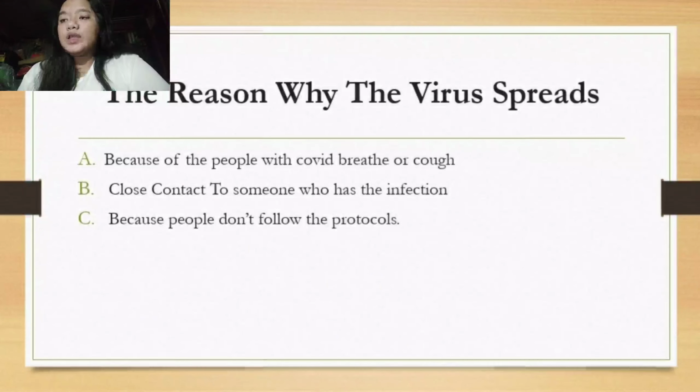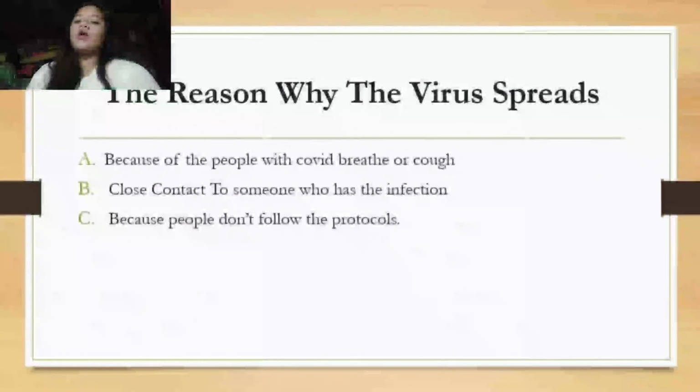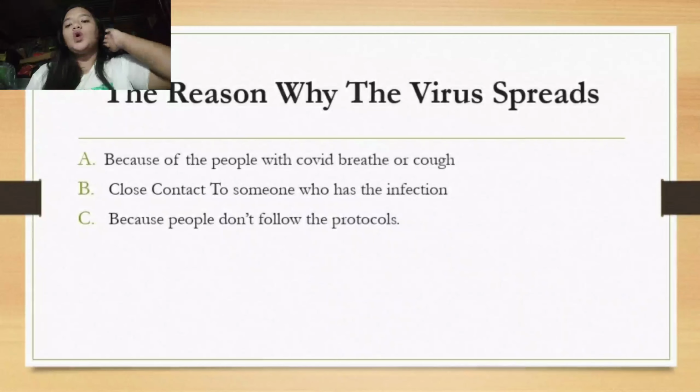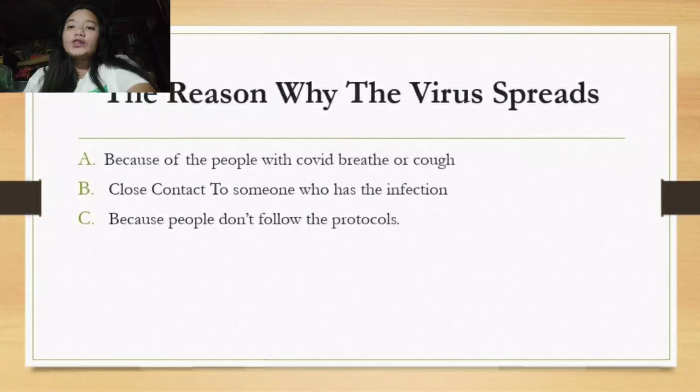B. Close contact with someone who has the infection. You can quickly become infected when you come in contact with someone who is COVID positive. And you can also infect other people you came in contact with.